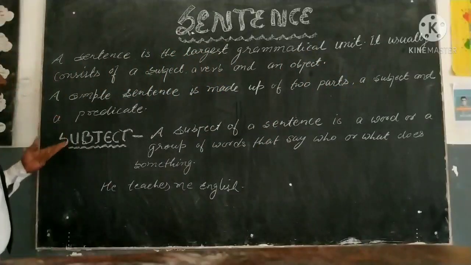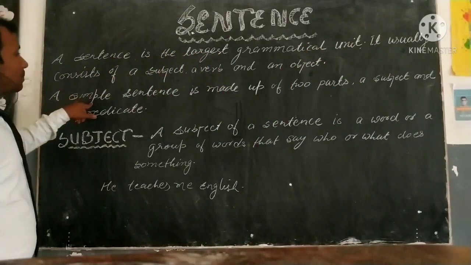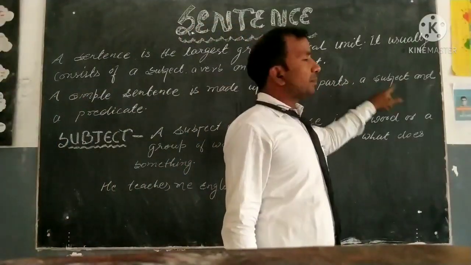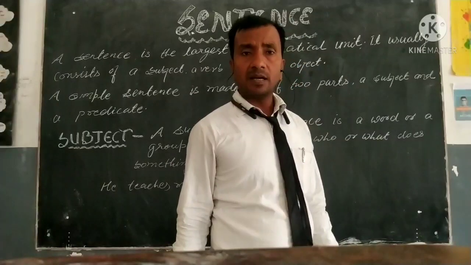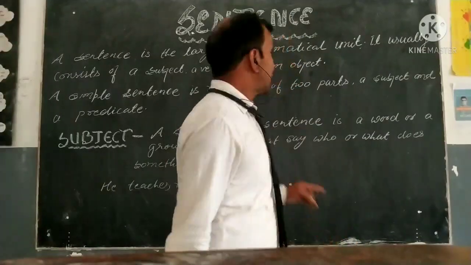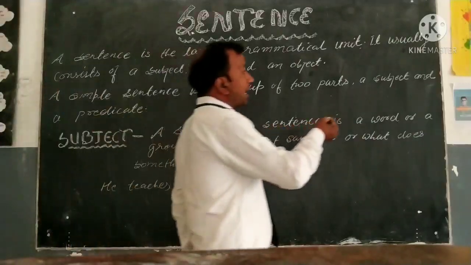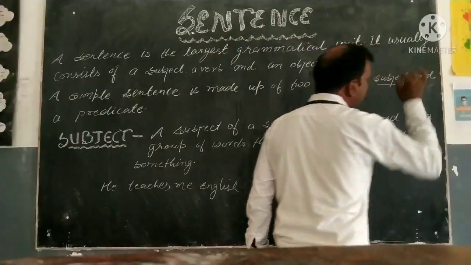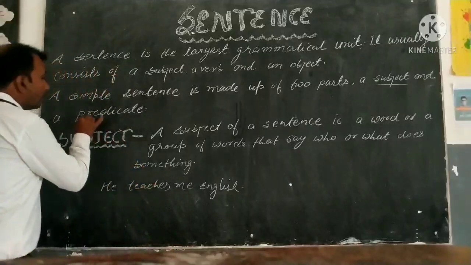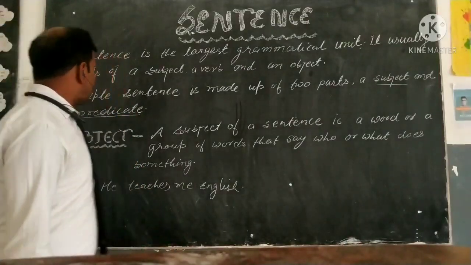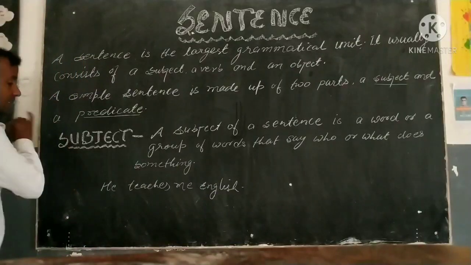Now in a second way you can see that a simple sentence is made up of two parts, a subject and a predicate. So student, at first we have to study what is subject and what is predicate. For that we have to understand the meaning of subject.